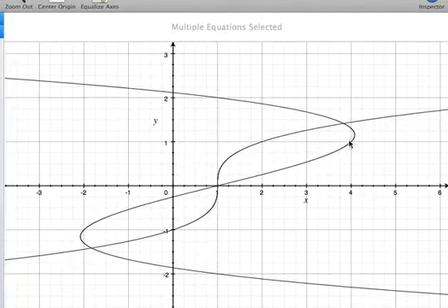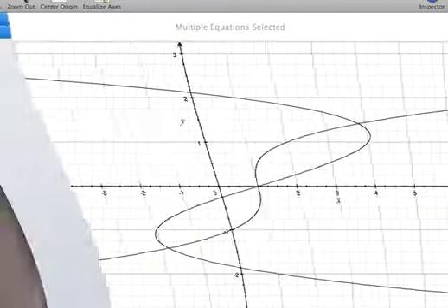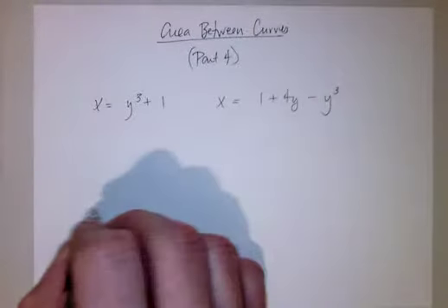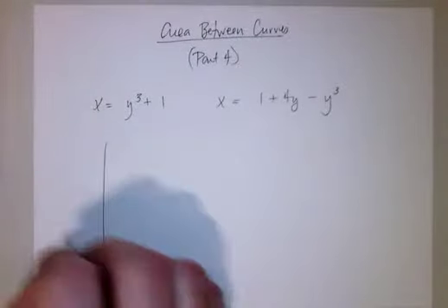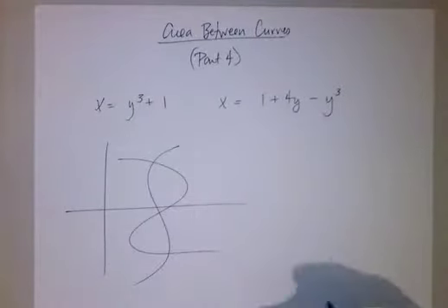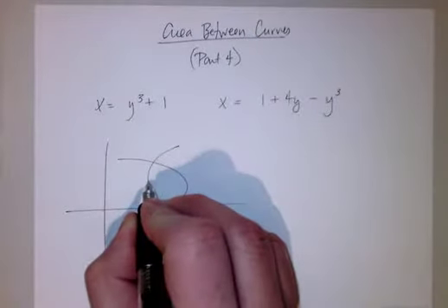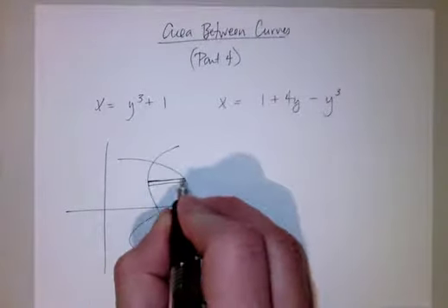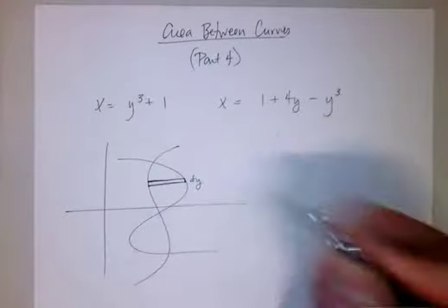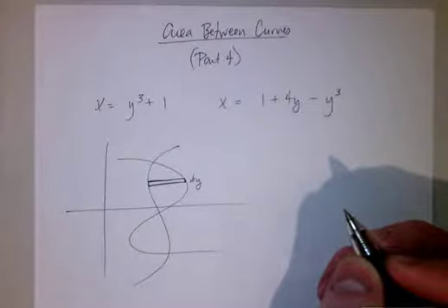Let's concentrate on this one over here. Let's try and figure out what the limits of integration are, and we're going to figure that out in the same way. But notice that if you have something with respect to y, you are going to be dealing with cross sections that run this way now, and it is going to be dy that is going to be your differential.